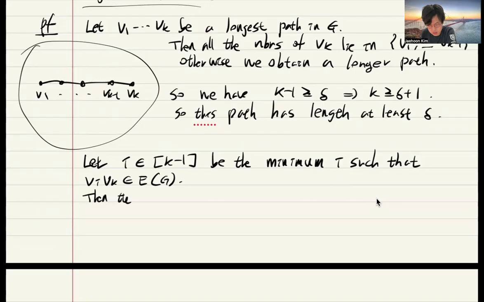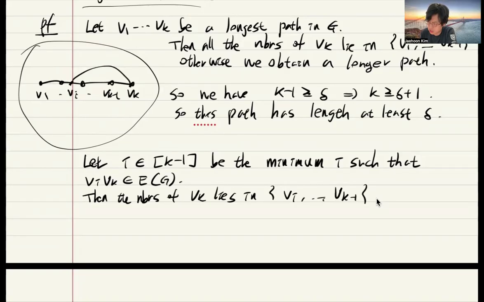Then the neighbors of vk lie in vi to v(k-1). Because of this minimality, vk does not send any edges to the previous parts. So we have k minus i is at least delta.